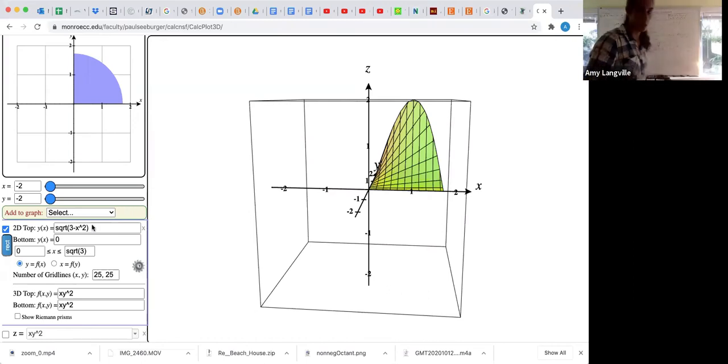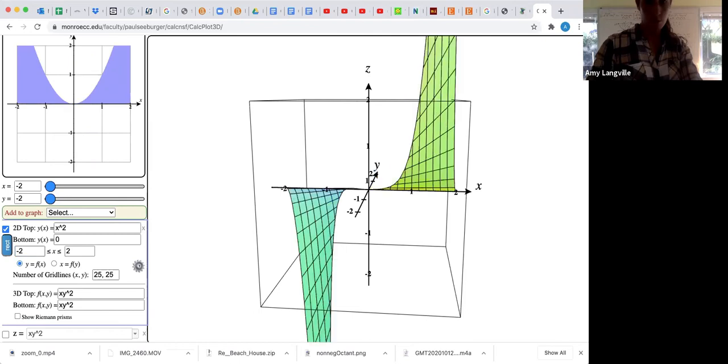Okay, so the region now is y goes from 0 to x squared, and x goes from -2 to 2. And then the surface changes to 1 plus xy minus x minus y.